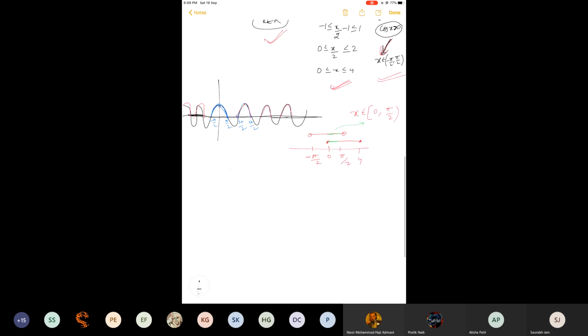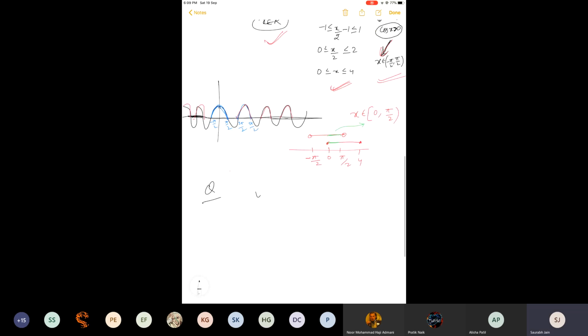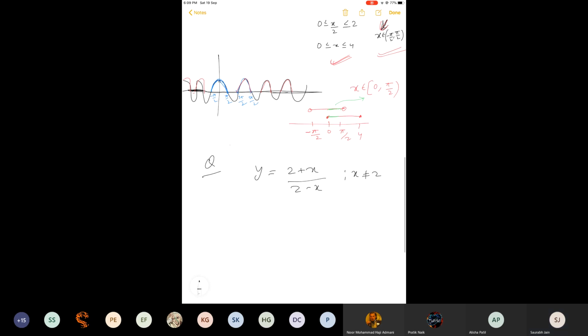See, assume this as y. I have taken such type of question as a class example. y equals 2 plus x upon 2 minus x, x not equal to 2. Okay, that is the domain. We have to find the range, so cross multiply. When you cross multiply, you will get 2y minus xy equals 2 plus x.